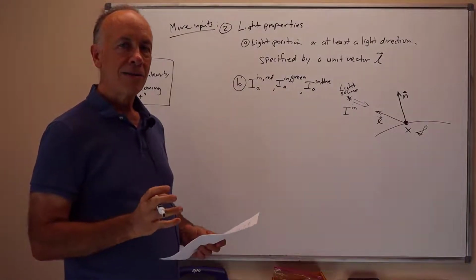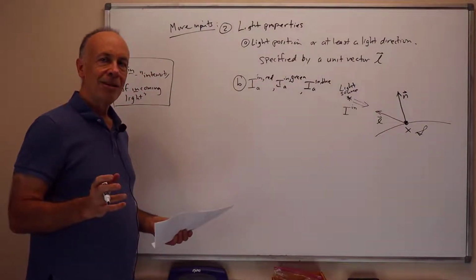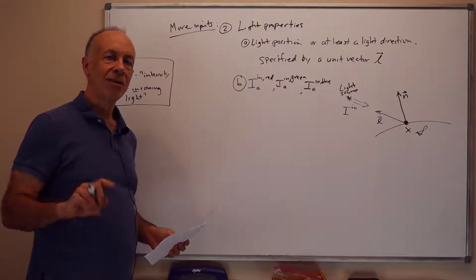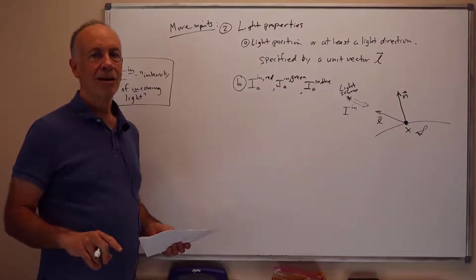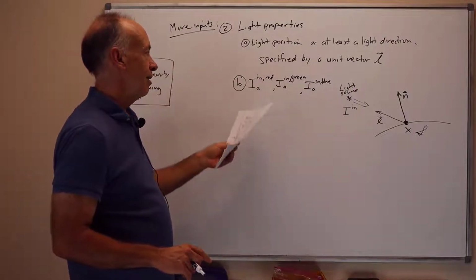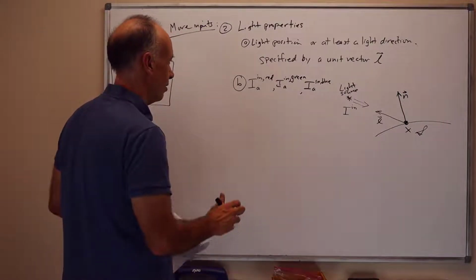The light is giving off some ambient component, which means the light's not really coming from any particular source, but since a light is turned on, it generates ambient light throughout the whole scene. This measures how much ambient light throughout the whole scene is being generated by the light. And there are the red, green, and blue components of those.